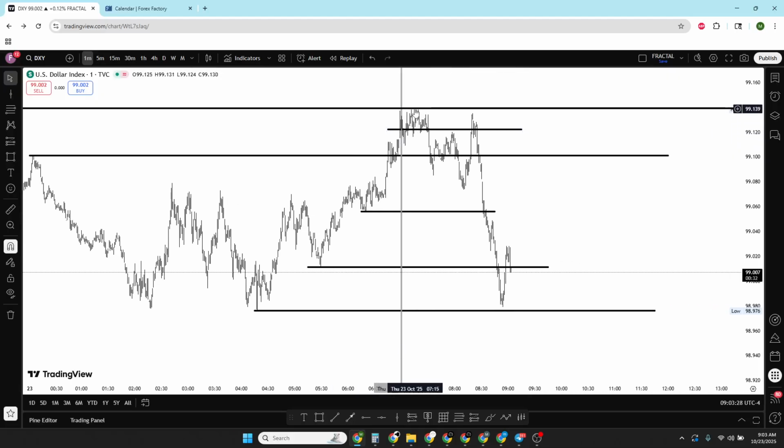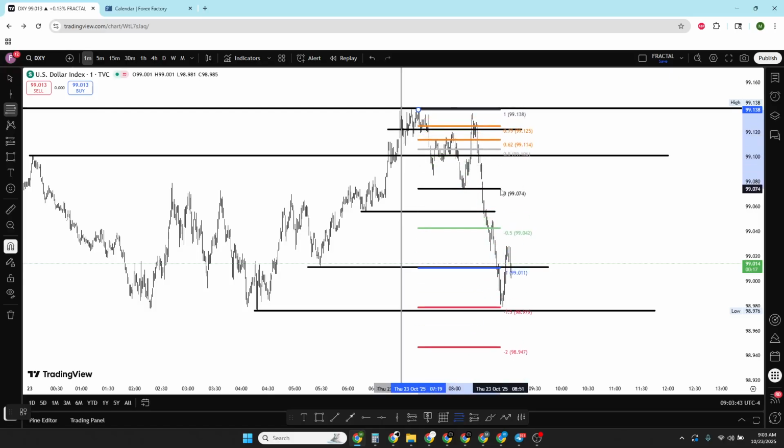From this high to this low, that is what we're considering our strong move. So if I grab a Fibonacci from this high to low, you can see price, when it retraced back into a 62 to 79% retracement level, which is an optimal trade entry.